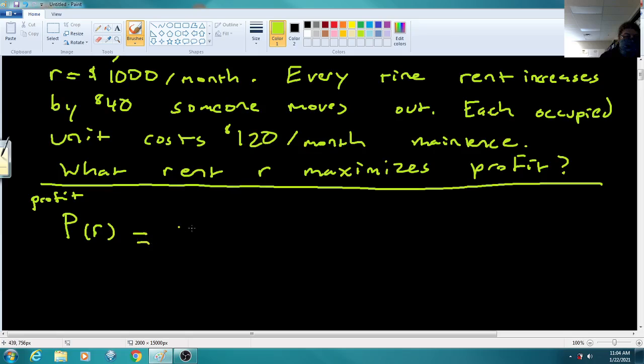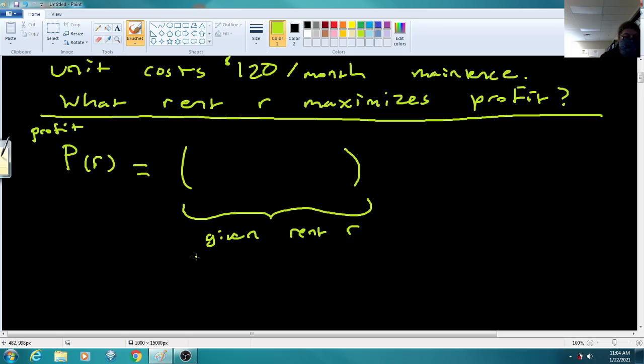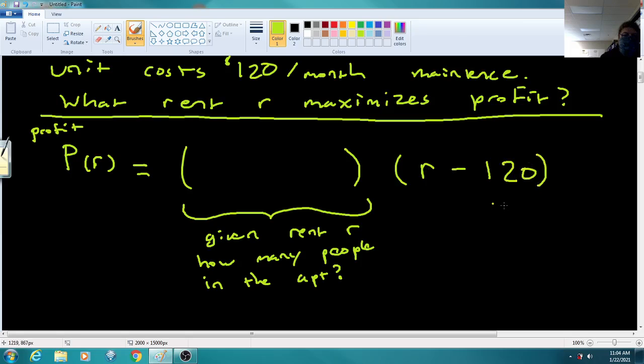So for this we need to figure out, given rent, how many people are living in the apartment, and then multiply that by the rent. You make the rent from each person, but you lose $120 for upkeep. So the net amount is the rent minus the $120 per month. That's the profit you make off of each person.